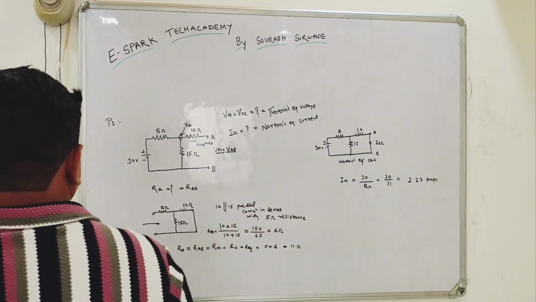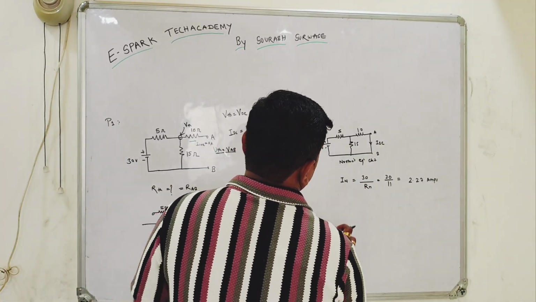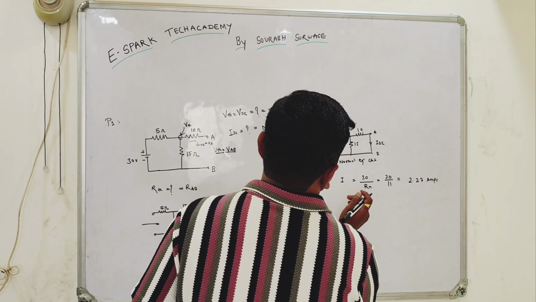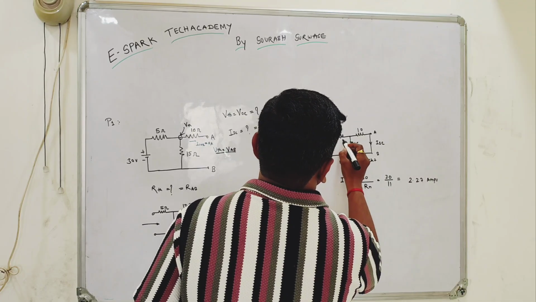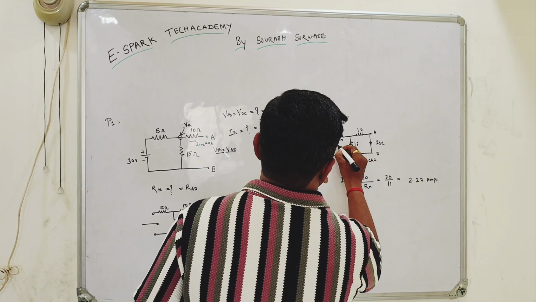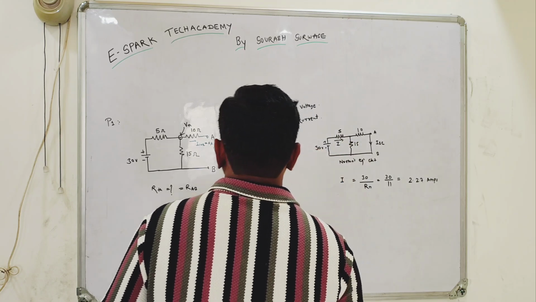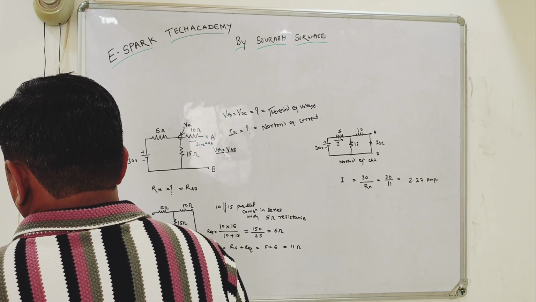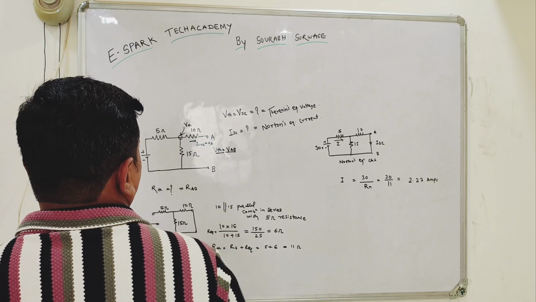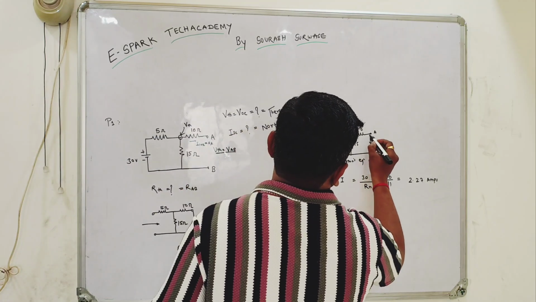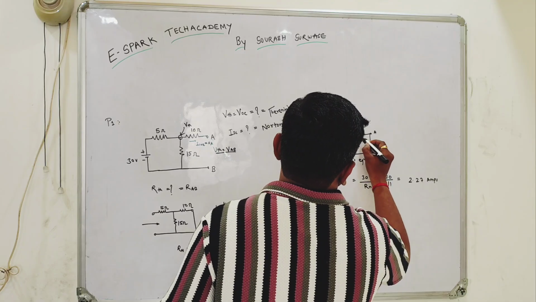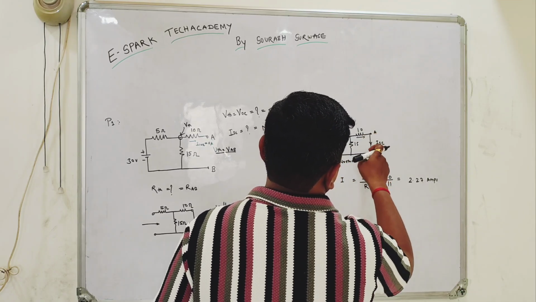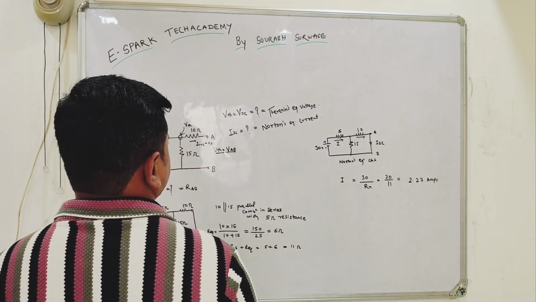When we get this main current, it will be the current flowing through here. Now this current will be the same as that ISC in this case.